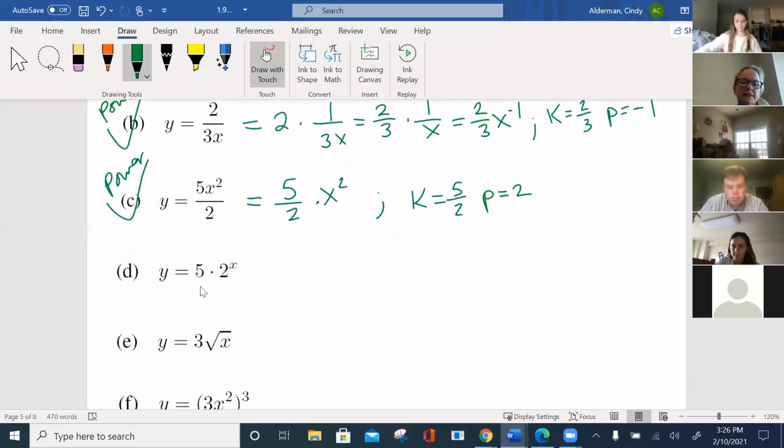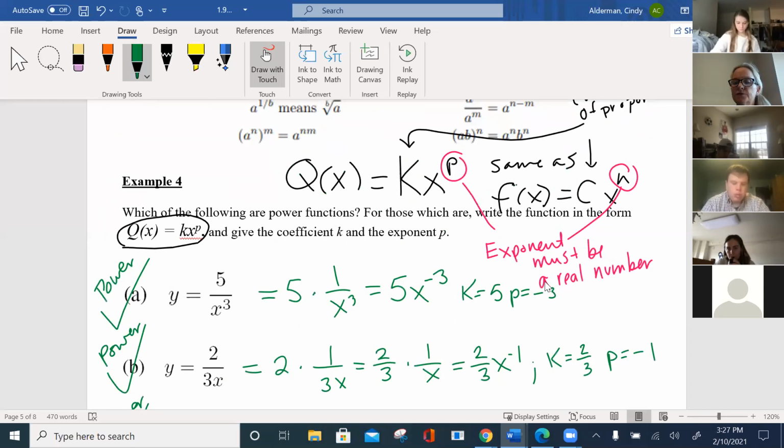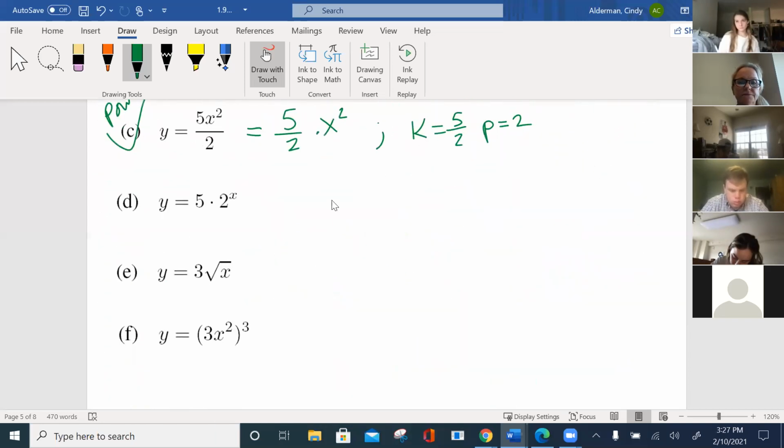So here it looks like it's already in that format, right? Where k is 5 and p is x, but p can't be a variable, right? According to this up here, exponents must be a real number, and this has to be a constant number also. So this is not a power function. Anybody know what this kind of function is called? What's it called when the variable is in the power?